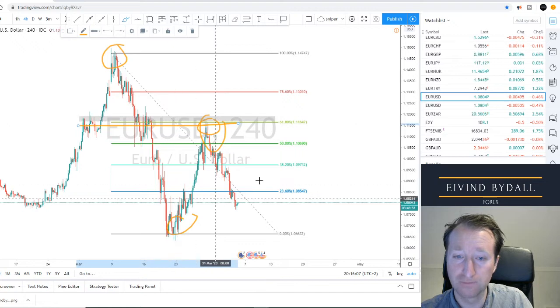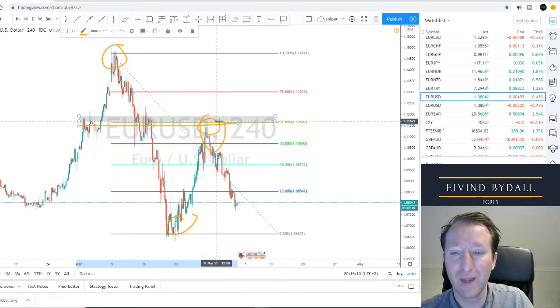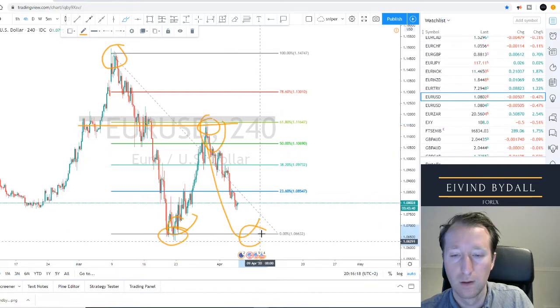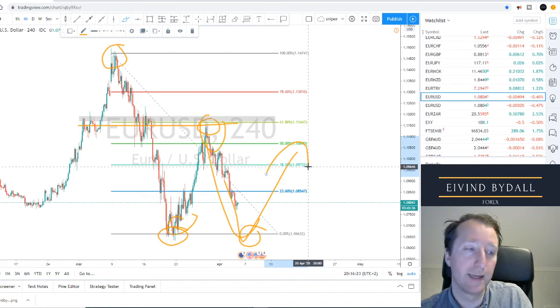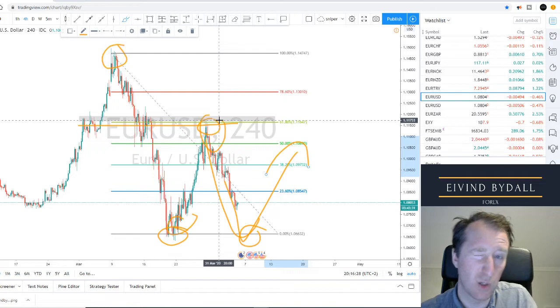Right. So what are we looking at here? Well, when we have a 618 retracement, we are looking for a double bottom. And maybe that's what we will do. I don't know. But also what I've looked at was in the financial crisis of 2008.